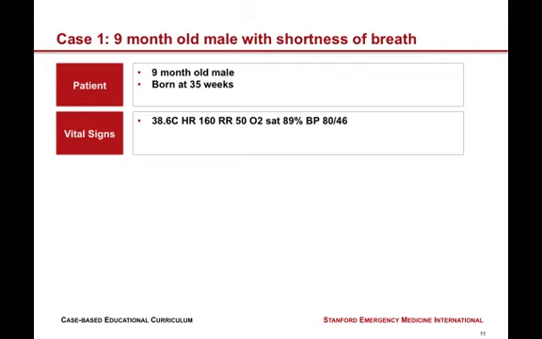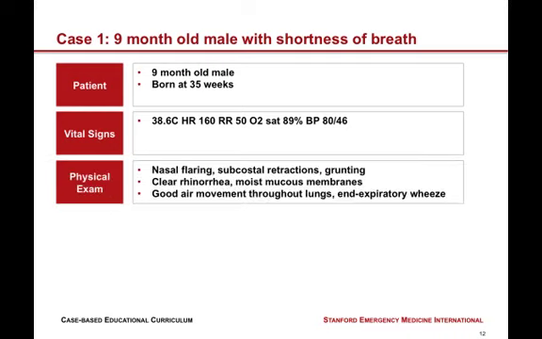His blood pressure of 80/46 is okay, but it's not a great blood pressure, and so we'll be watching that carefully. On physical exam, when you go closer to see him, you note he has nasal flaring, the subcostal retractions that we saw, and the grunting we heard.